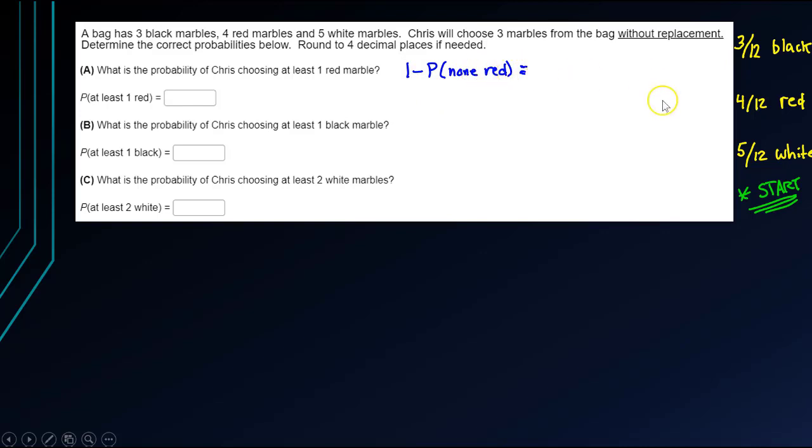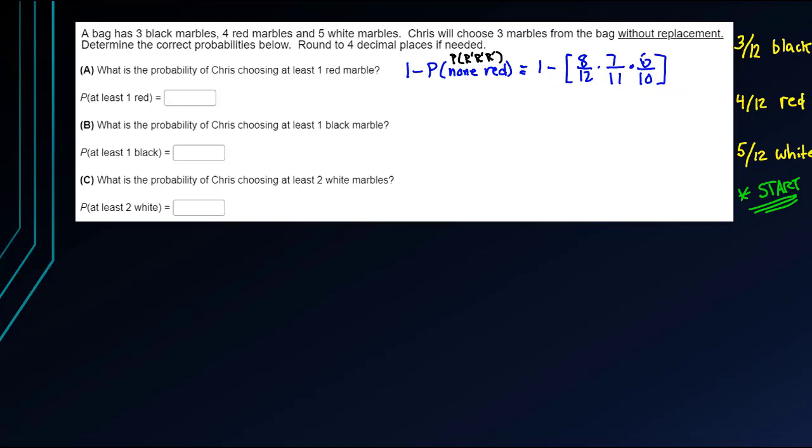Now, I know on the first draw, I'm going to have 8 out of 12 not being red. Assuming that's the case, the next one I'm going to have 7 out of 11 not being red, and then 6 out of 10 not being red. And so that's where I get these probabilities.